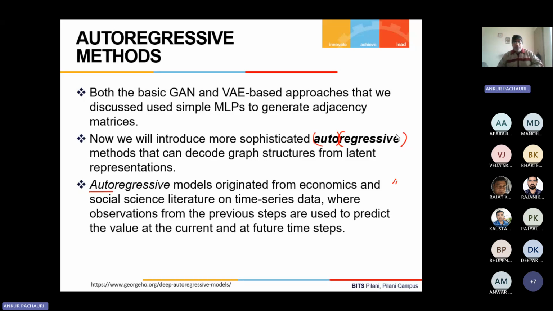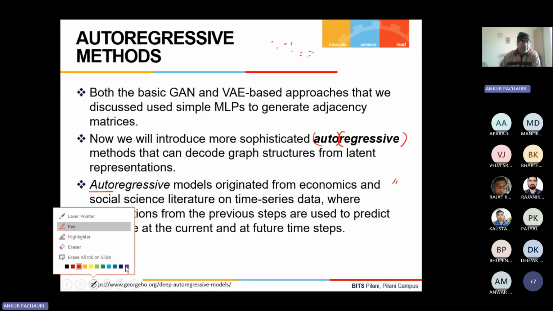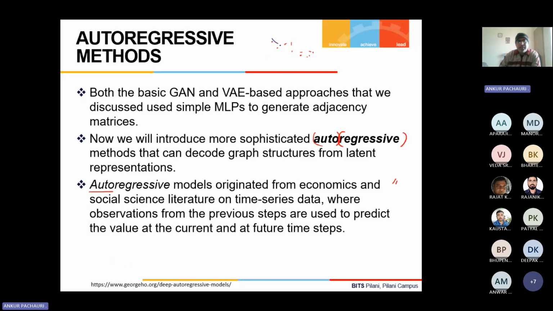Regression is what? You have the data, and somehow you try to fit a line, or to be more specific, a curve into the data. That curve we call the regression curve, such that this curve is a least squares fitting method.